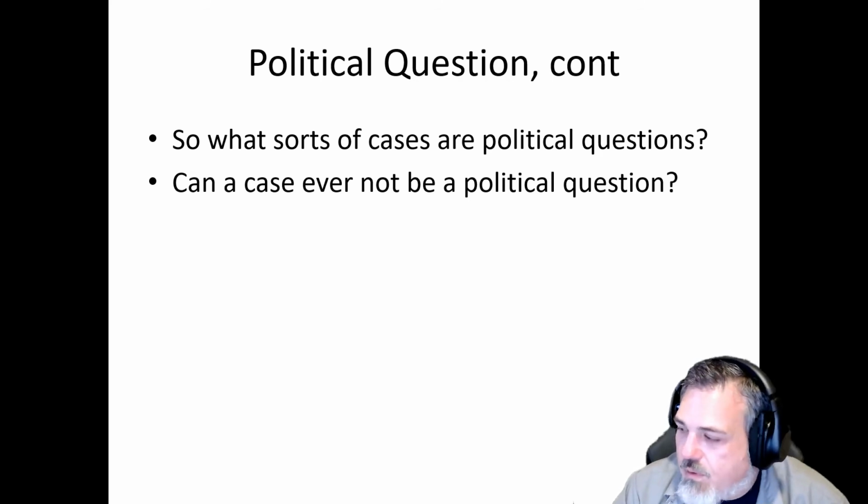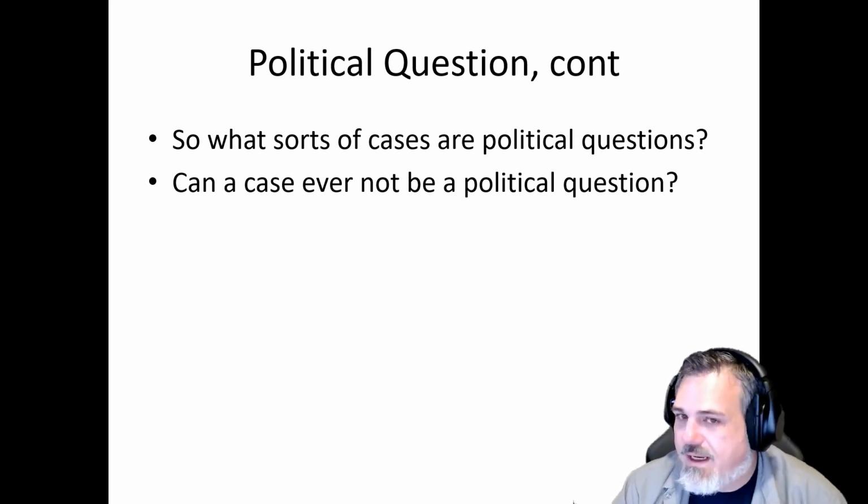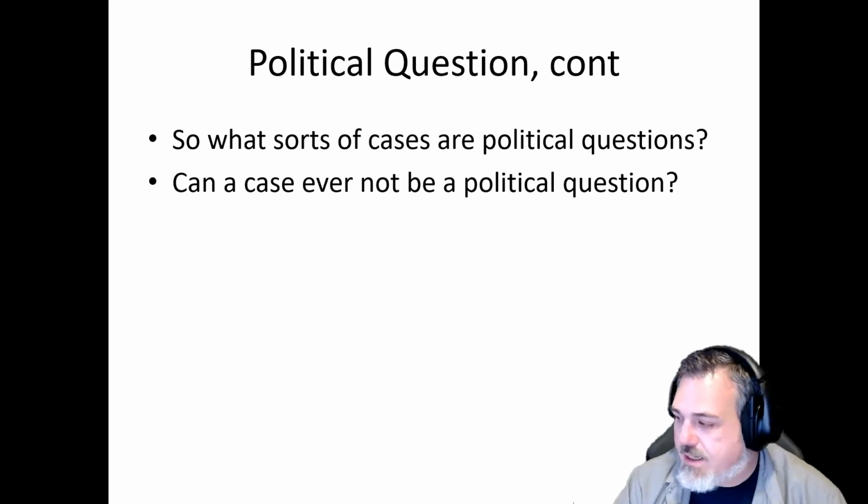And so this political question doctrine, it's kind of a mockery at this point. We understand it exists for some important reasons, but it also is a mechanism by which the Supreme Court kind of shields itself from any sort of really dangerous issues for it to decide, or politically dangerous issues for it to decide.